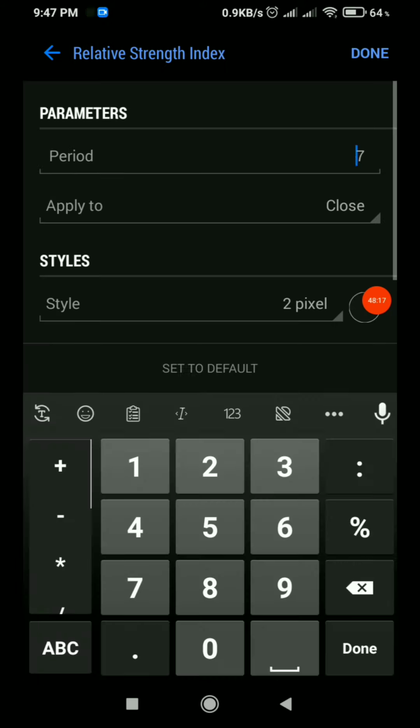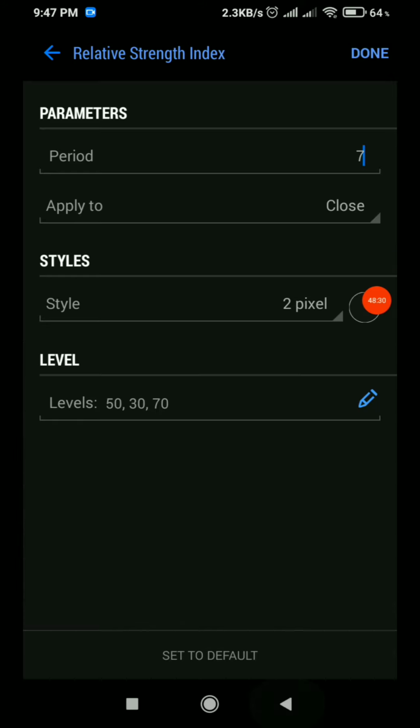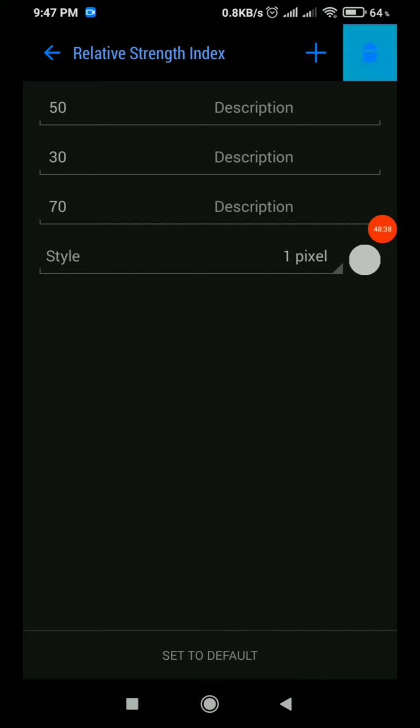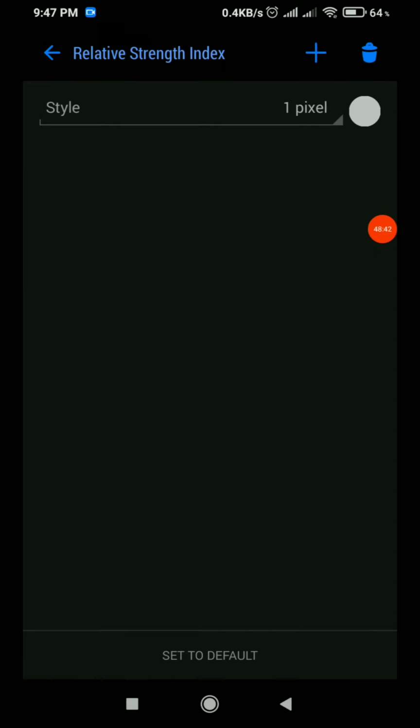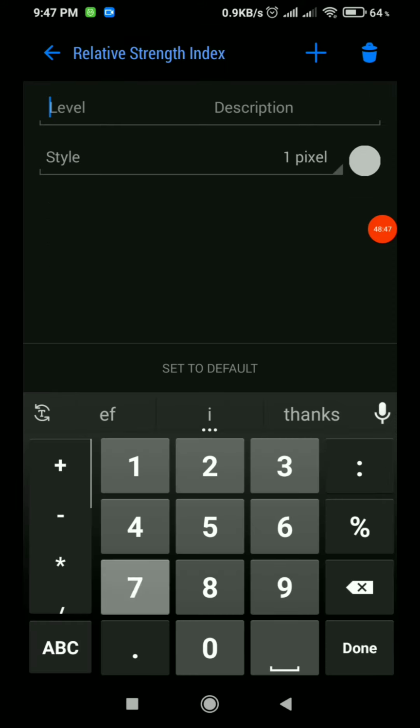At this, you have to take period 7, and here's the levels, how to add the levels.